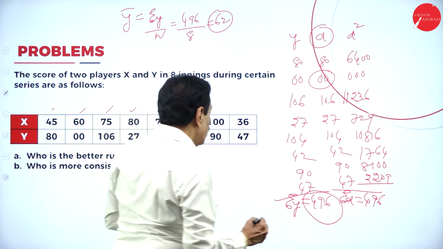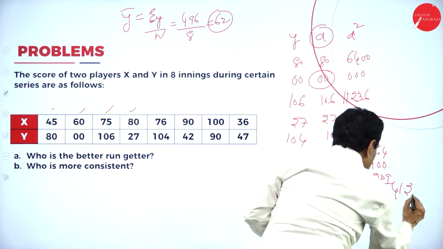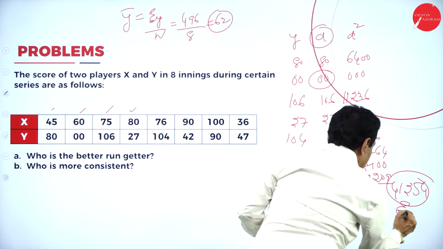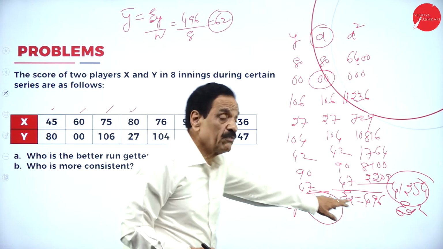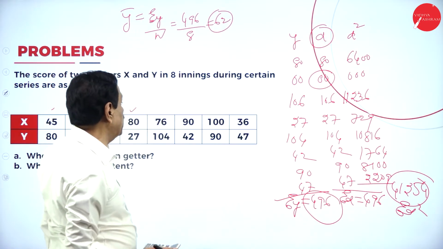It works out to 41,254. What is this? It is sigma D square. Your sigma D square is 41,254. Your sigma D is 496.